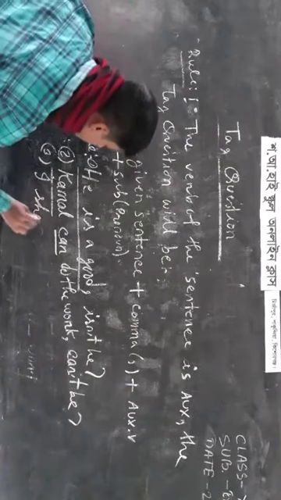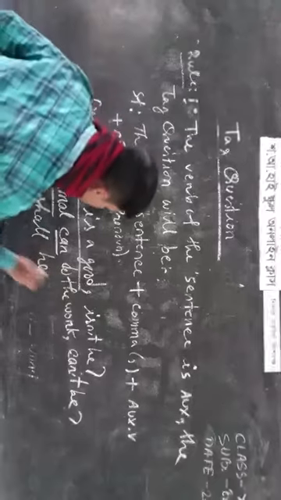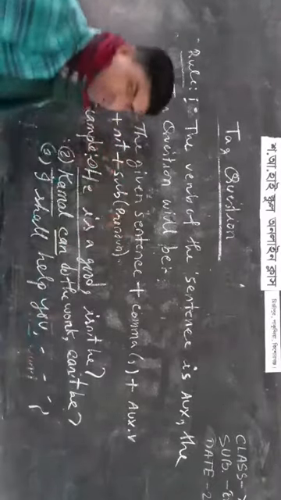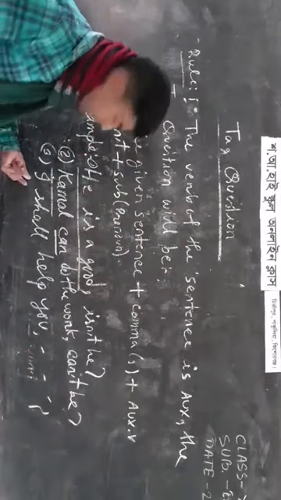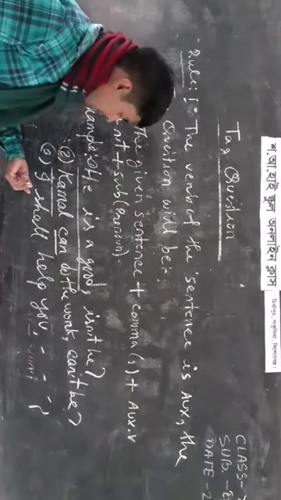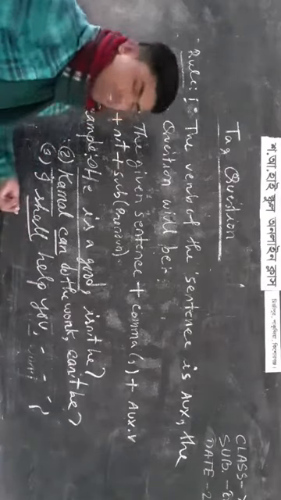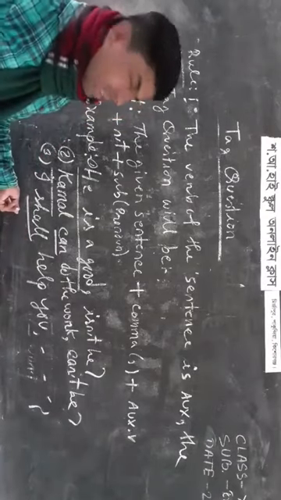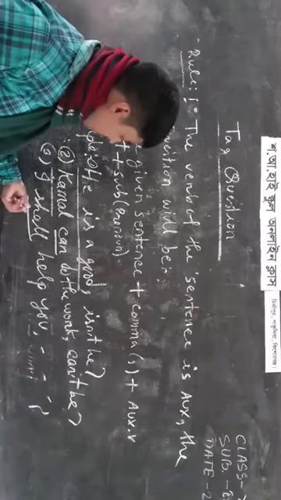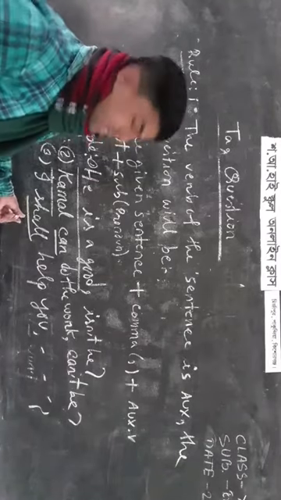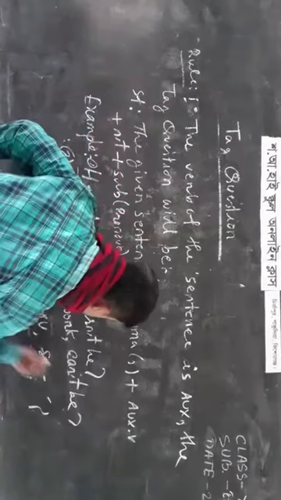I shall help you. Dear students, look at me and look at the blackboard. Here, shall is an auxiliary verb, and I have discussed already what the negative form of shall will be. Yes, it is shan't.